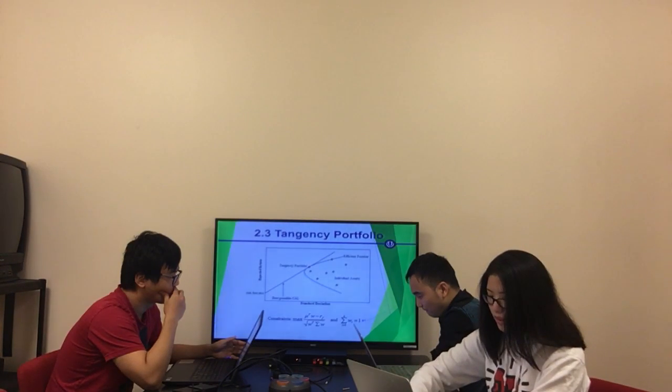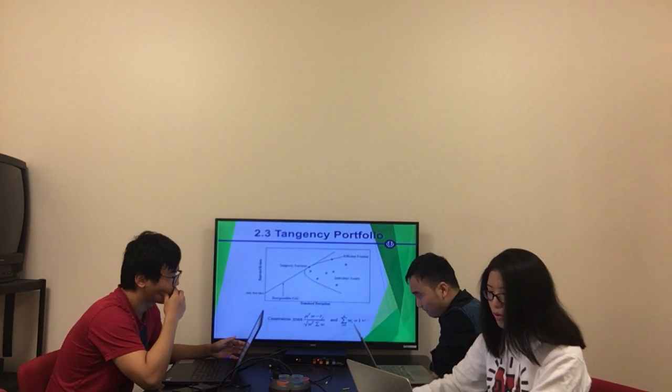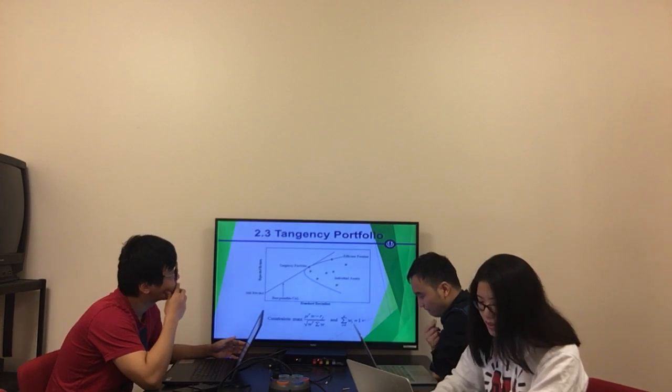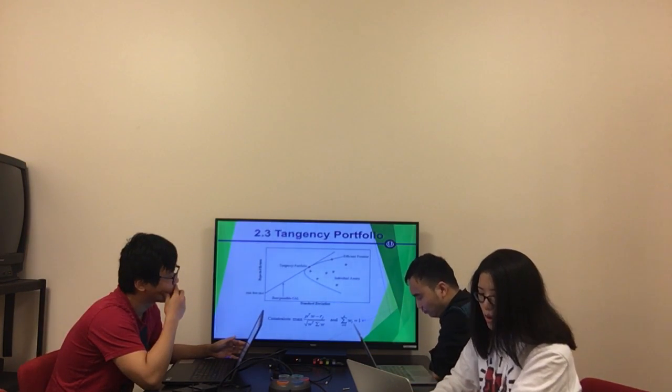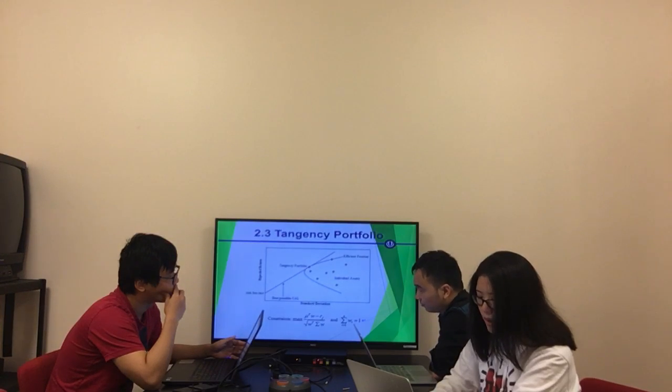Next, let me introduce contingency portfolio. Contingency portfolio is the portfolio that maximizes the Sharpe ratio, which is the average return minus the risk-free return divided by the standard deviation of return on an asset. We can see the graph.